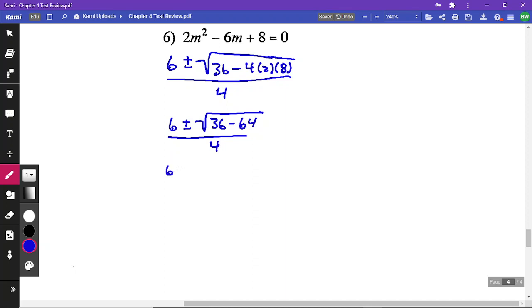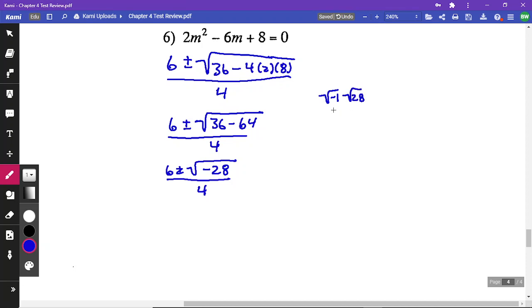So that's 6 plus or minus. What we get underneath there is 36 minus 64, which is negative 28, all over 4. So we've got to deal with that negative 28. And you can write it, if you want to, as the square root of negative 1 times the square root of 28.